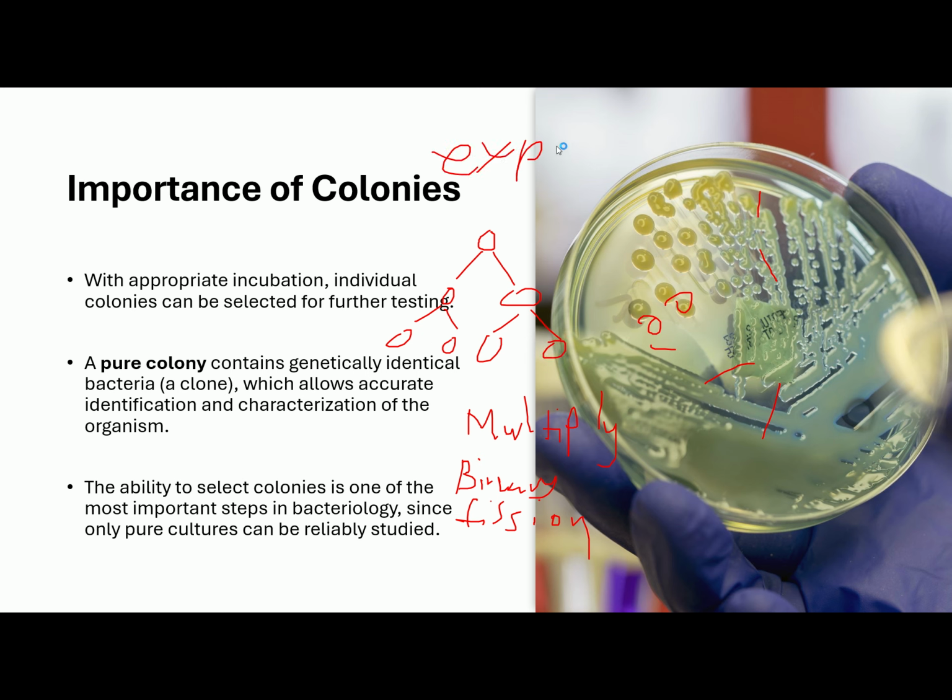Basically, it's like an exponent, right? In an exponent, they tend to double. So, if you remember the stages of bacterial growth from your lecture, one of those is the exponential stage where your bacteria continuously multiply. This is from a single clone. From a single clone, it multiplies through binary fission. Now, you need to target this pure colony. It should only be one kind of bacteria.